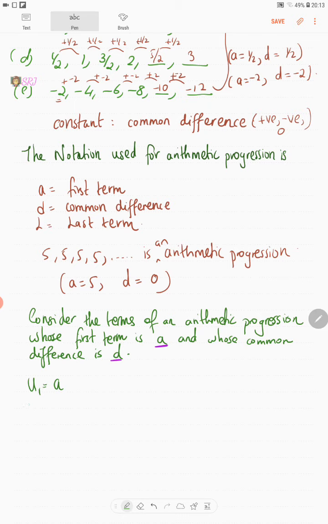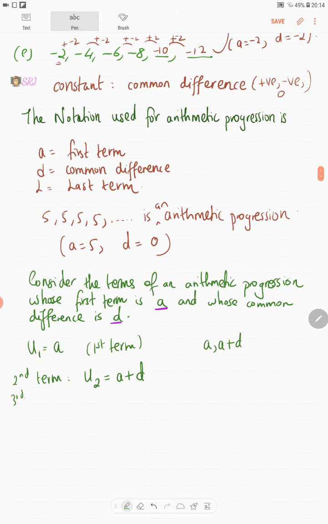The second term we can write as u2. So if the common difference is d and the first term is a, for the second term we take the first term and add the common difference. So the second term u2 is a plus d.